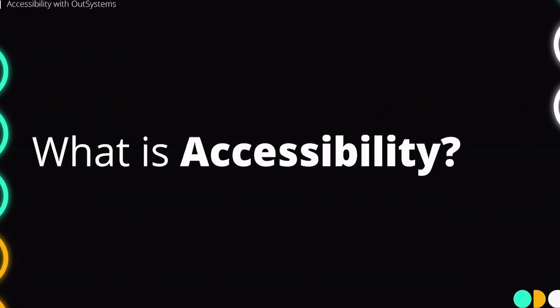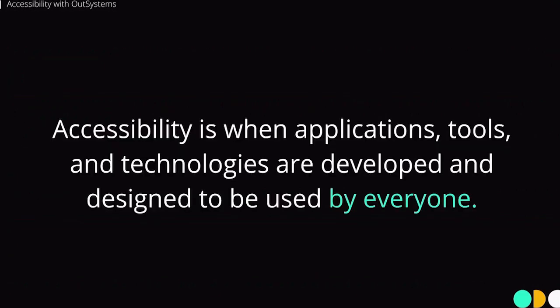So, what is accessibility? With accessibility, all people can perceive, understand, navigate, and interact with your applications without any limitation. In other words, accessibility is building your tool or app so that it's available to as many people as possible.